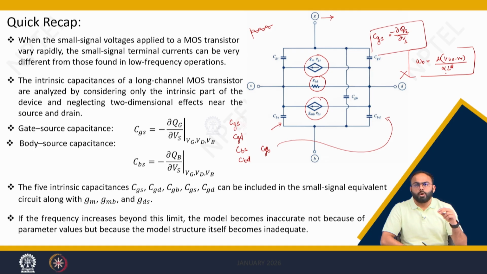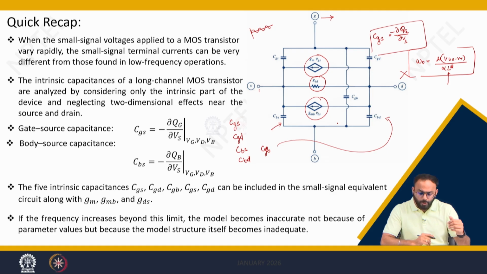So, the model validity strongly depends upon the dimension of the device and the operating region of the device, in which terminal my signal is changing, either source, body, drain or gate. So, the model validity depends on various factors.